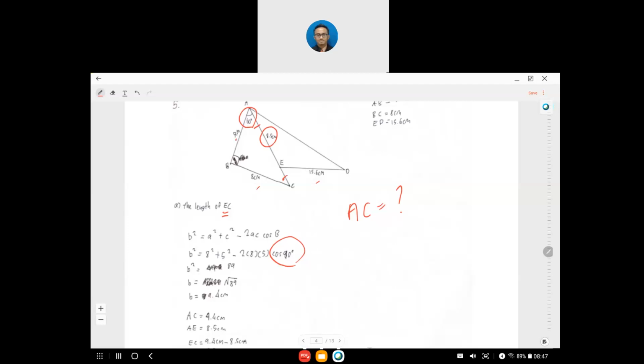So you must use x square equal to, because we know the value of 8 equal to 5. Here is 5. 5 square plus AC square minus 2 times 5 times AC, and then cos 60 degrees.